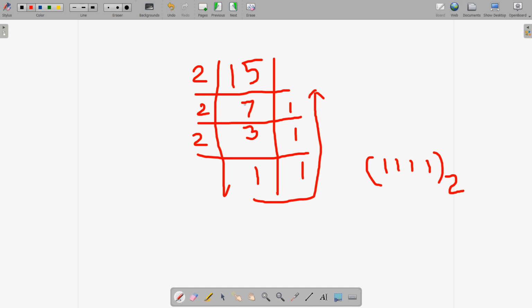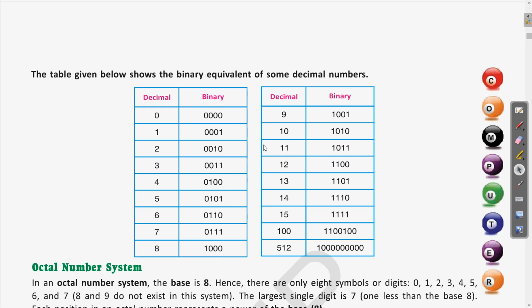Clear? So this is the conversion of 15, which was the decimal number, into binary, that is 1111. So we have seen two examples using which you can write these very easily. I hope you have done the homework question as well.